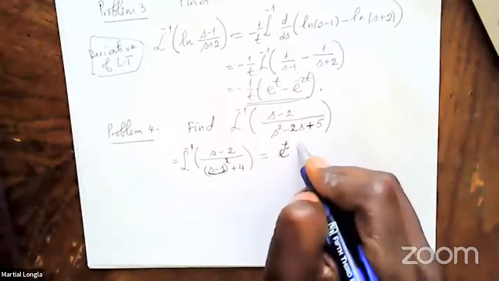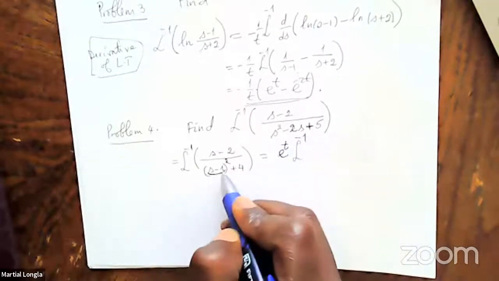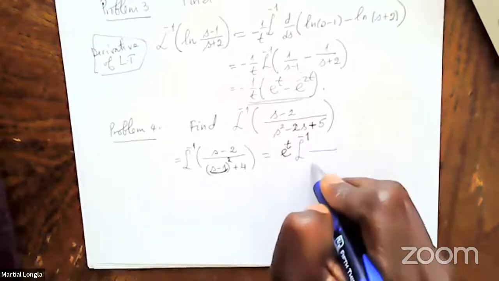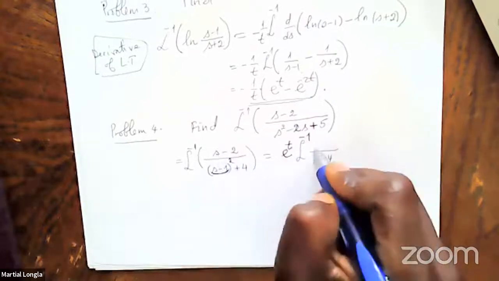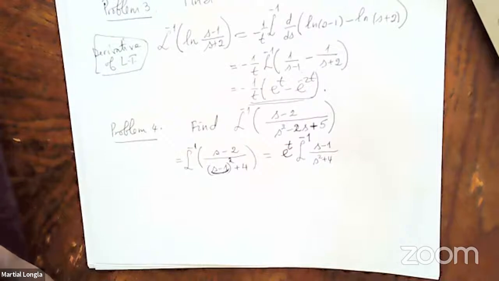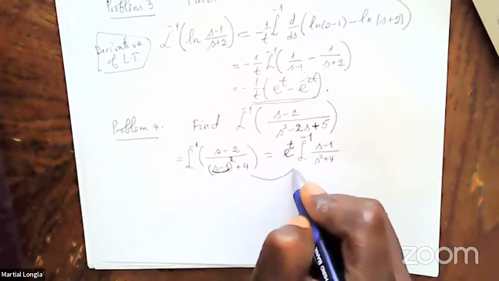And now, inverse Laplace transform of, and you replace everywhere s minus 1 by s. That becomes s squared plus 4. And this becomes s minus 1. That's how you do the first translation theorem.